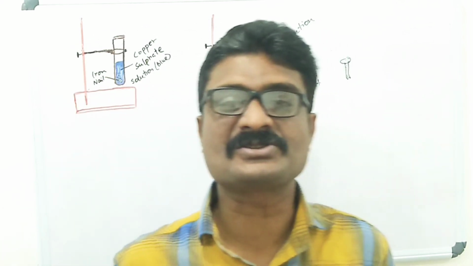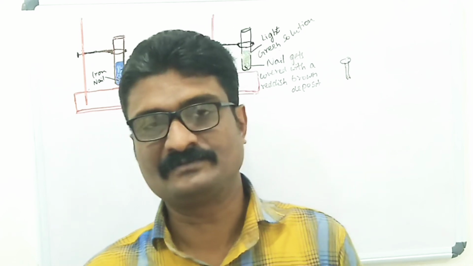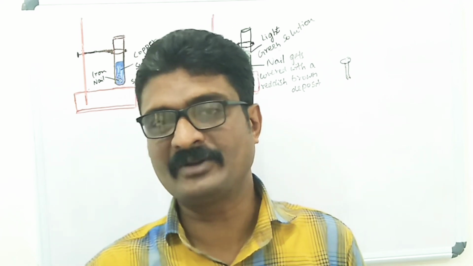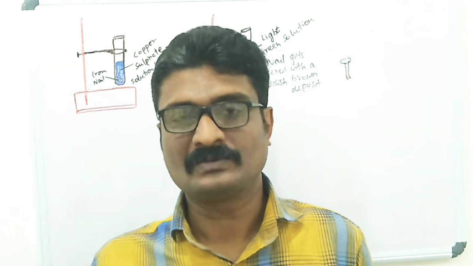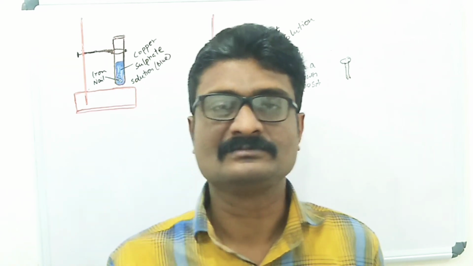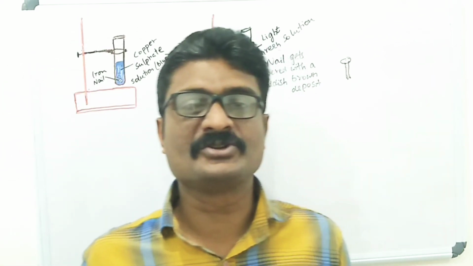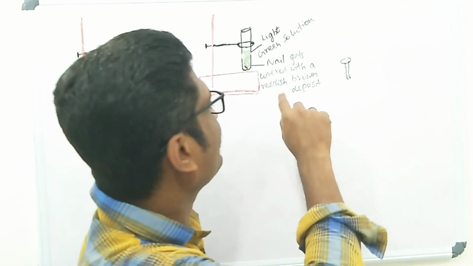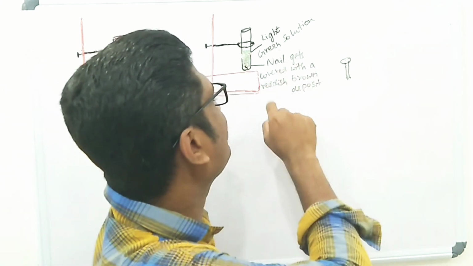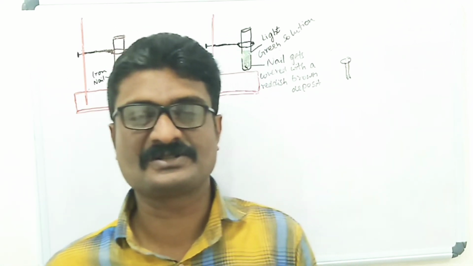That is our observation. Then, what about the conclusion? Here we observed two main things. Number 1, the blue color of the solution is changed to green, and the iron nail is covered with a reddish brown deposit.